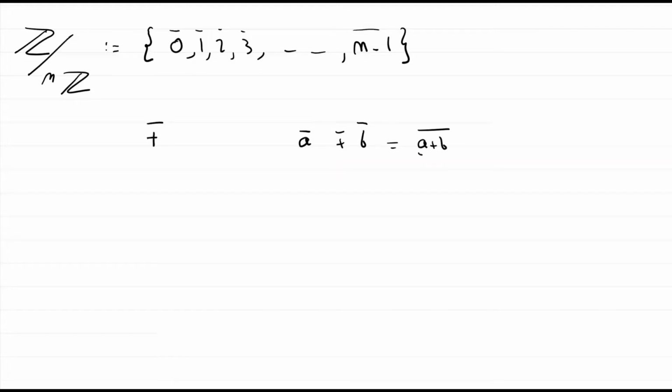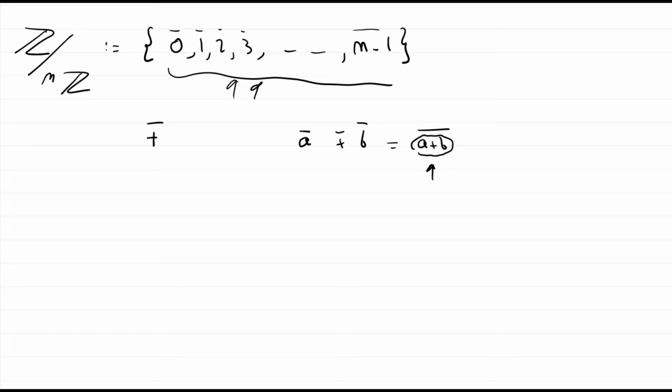Now, if a plus b is greater than n, then a plus b bar doesn't appear here, and if I want to write it as an element which is here, I just subtract n. Same thing if a plus b is negative, so it does not appear here, I can add n and I fall on an element of the same form as the ones I just listed.